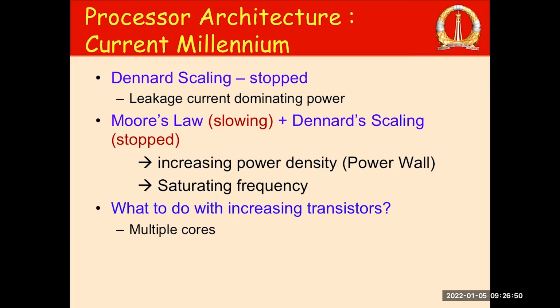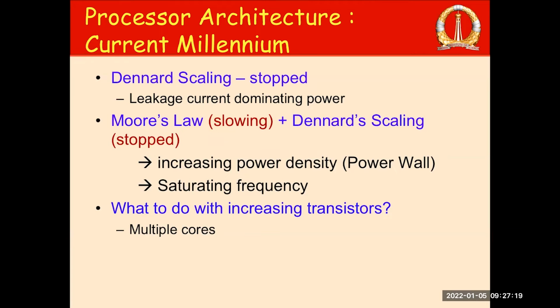But on the other hand, you have more number of transistors. What do you do with these transistors, right? You could build, let's say, wider width superscalar processors. You could build much more complex branch prediction hardware, or you could build a few other things, but then they may not necessarily give you better instruction level parallelism, because we already saw that the instruction level parallelism in applications is limited.